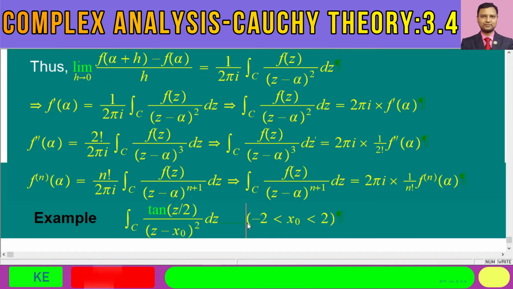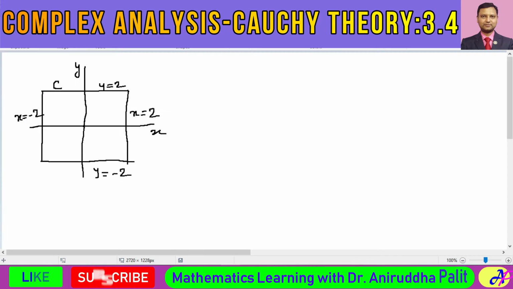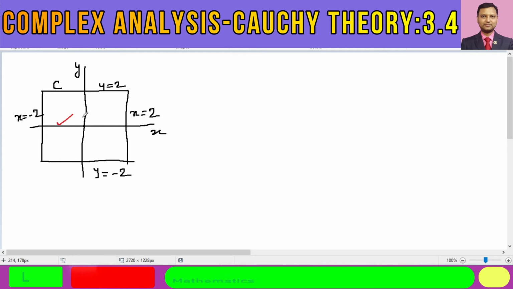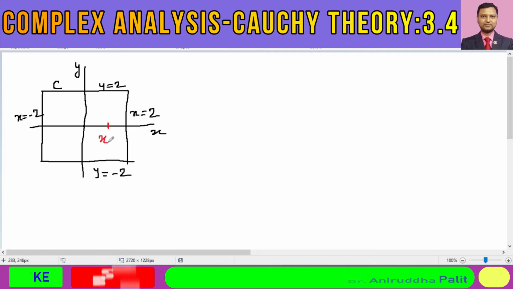So we can consider that x0 is a real number and it lies between minus 2 and plus 2. In this picture, the position of x0 lies on the real x-axis. This might be the position of x0.